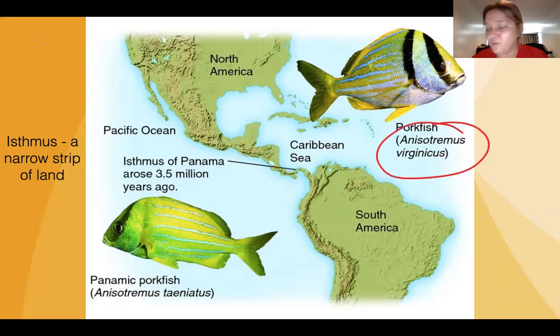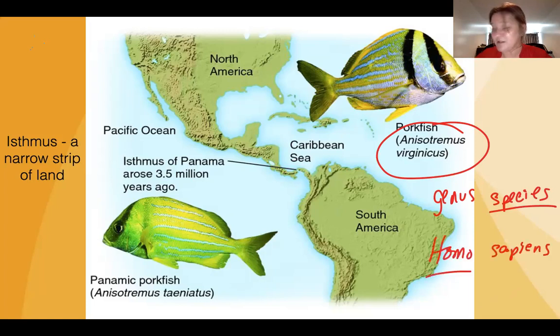But when you name a species with a scientific name, it's always genus first and then species second. So when you name the human being, that's Homo sapiens. This is the genus. Homo means man, and sapiens means wise. So our species name is wise man. The species that came before us was Homo habilis. Habilis means handy.